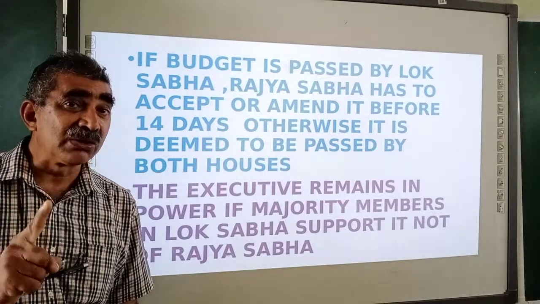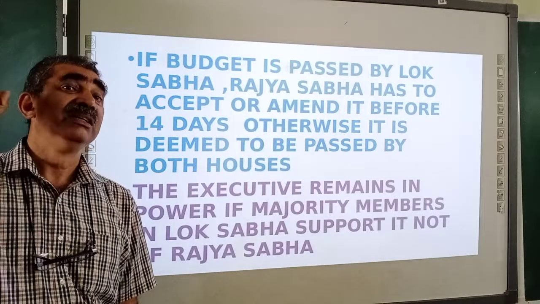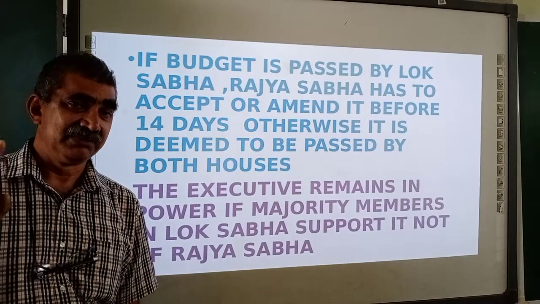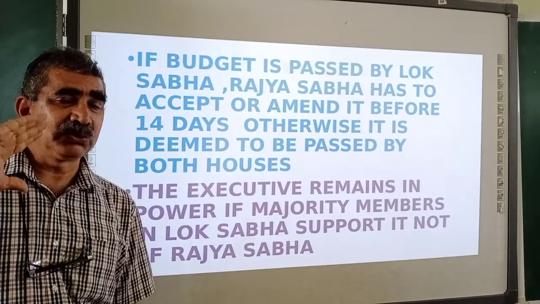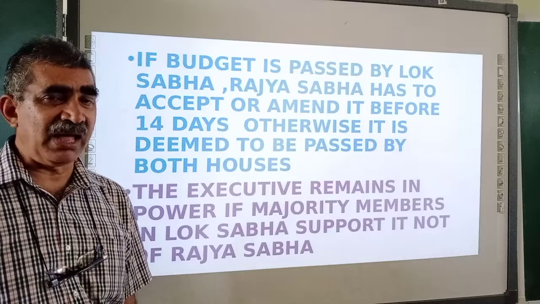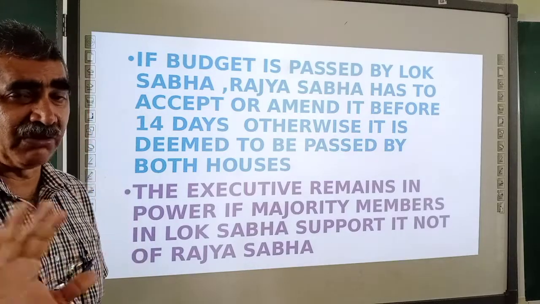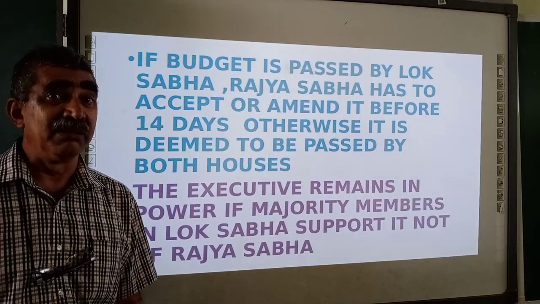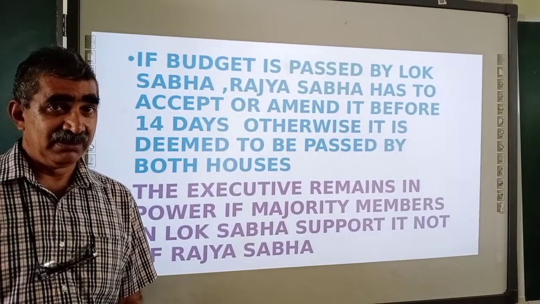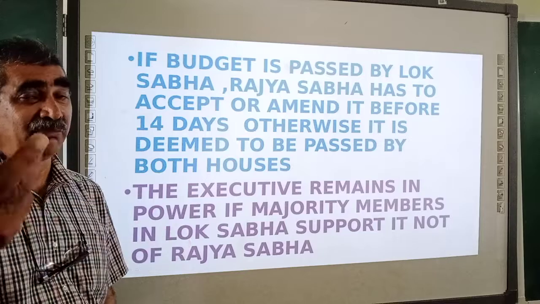A majority of members in Lok Sabha should support the government. That is the rule. If all 245 members in Rajya Sabha are against the government, nothing happens, the government can survive. They may face a problem passing bills other than money bills.